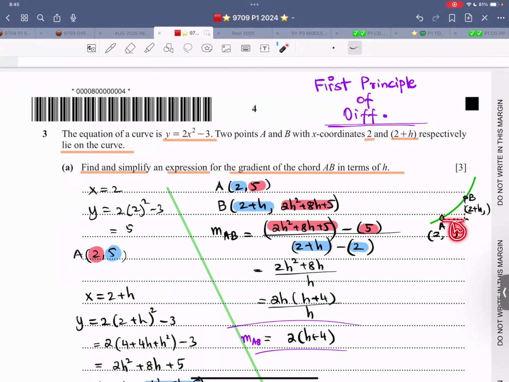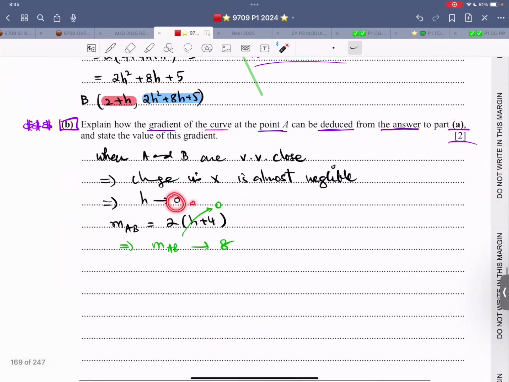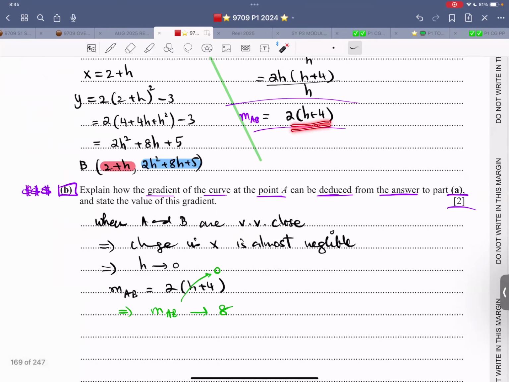This difference is h. If this is very, very close, this is almost negligible, so negligible that it will become 0. So all you have to do is take that gradient expression and remove the h. So 2 into 4 is 8. That's the value of the gradient.